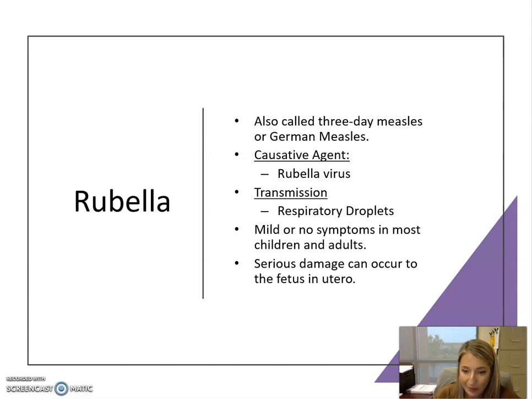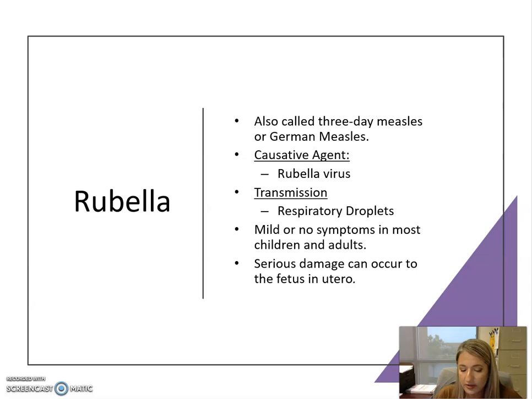So then why do we care? Why do we care about rubella? What's important about it? We care because it can be really, really dangerous if a pregnant woman contracts rubella. If someone that's pregnant contracts rubella, especially in the first trimester, it can be transmitted to the fetus.